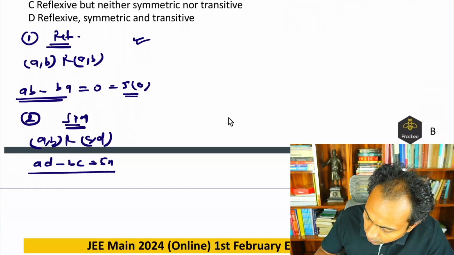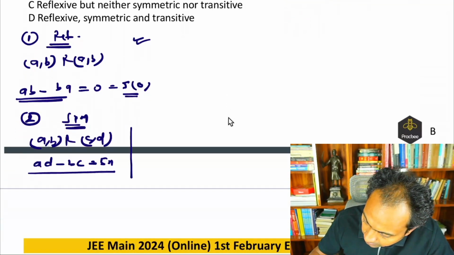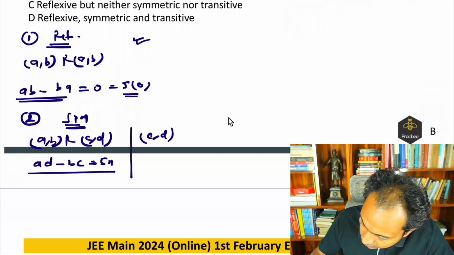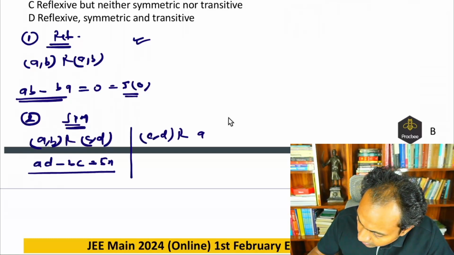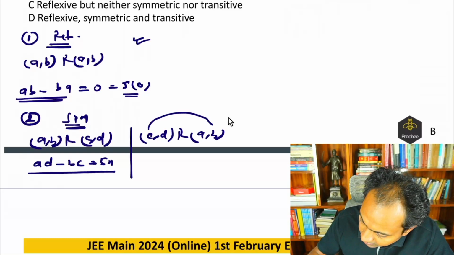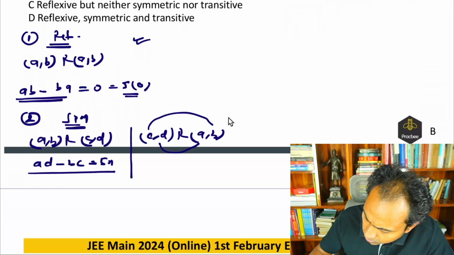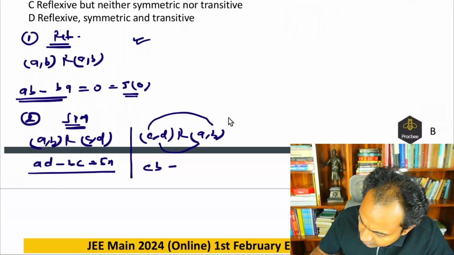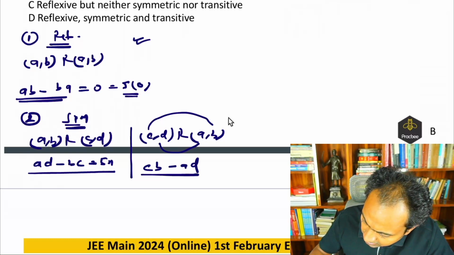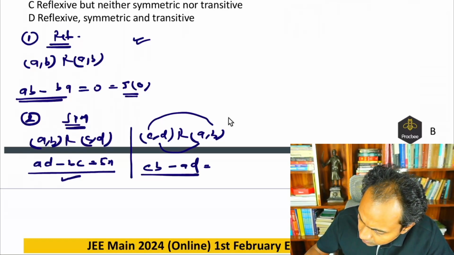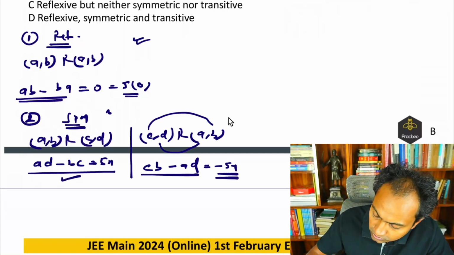So what should happen is C comma D should also be related to A comma B. Now what will happen is you will essentially get CB minus AD. So you can see that if this is a multiple of N, this will also become a multiple of N. So that is totally justified, this is also symmetric.